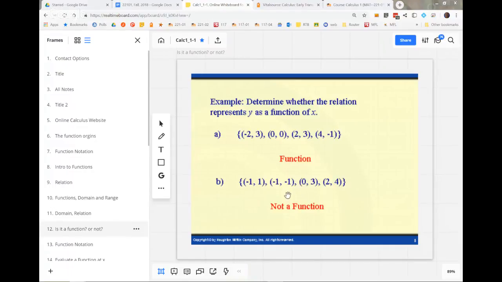You can't have different answers if you're going to have a function. So that bottom set of ordered pairs is not a function. Any questions on that? Anybody?